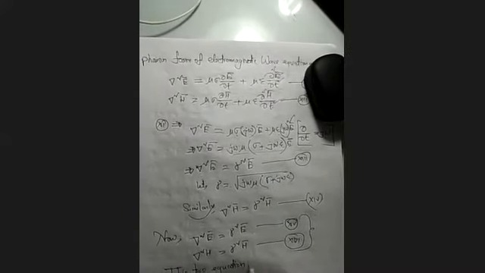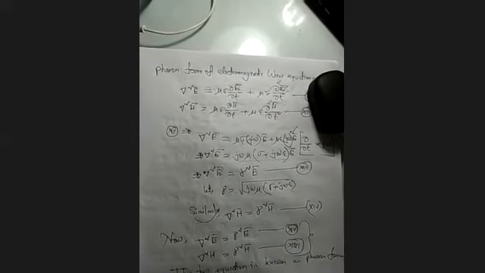These two equations are known as the phasor form of the electromagnetic wave equation, where gamma is equal to root over j omega mu into sigma plus j omega epsilon, and the name for gamma is propagation constant.